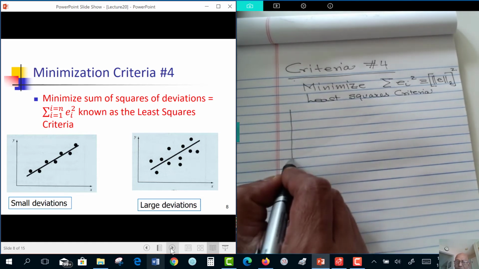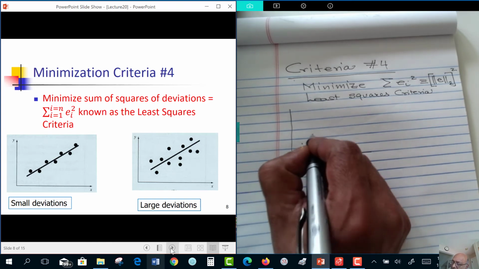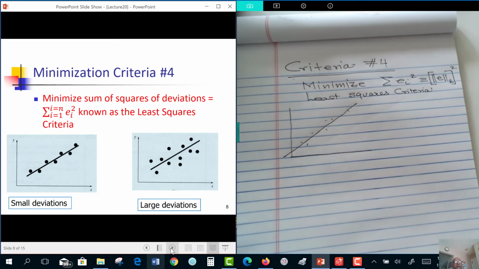So when we do so, what happens is, even if we have small deviation, as you will see here on the left, we get a line that fits our sense of good fitting line. And even if we have large deviations, even for the scattered data points, this line looks to be the best fitting straight line.